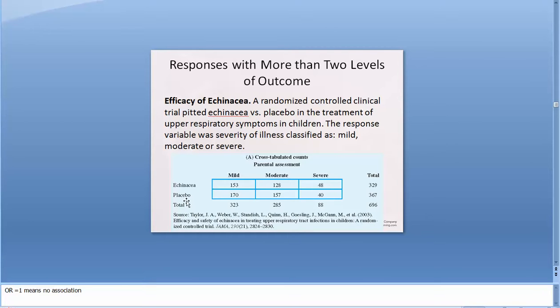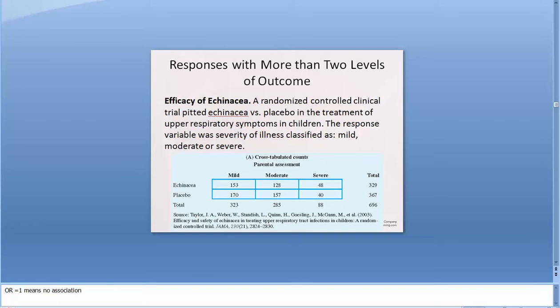That means placebo means no drug at all, right? And then you're looking to see how the symptoms are, based on, of course, the parental assessment. And then you can see these are the numbers. So some children who were given the drug had mild symptoms. That means 153 of them, and so forth. Okay, so this is the raw data.